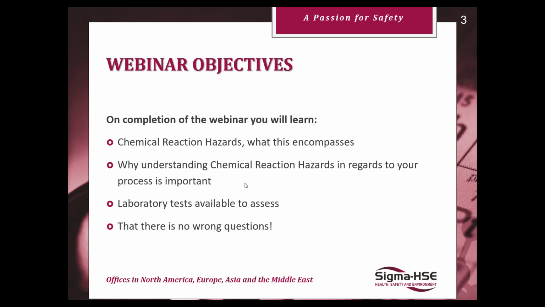Why understanding these hazards in regards to your own process is very important for process integrity and safety. The laboratory tests and methods that are available to assess your chemical reaction hazards, not just our own, but other alternatives as well. And of course, there are no wrong questions.